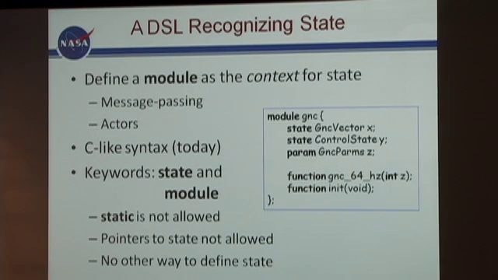Now, pointer here means hard memory addresses, because we want to move things around in particular. And so if you want to have pointers, you can substitute arrays, and the pointer becomes the index into the array. That's the pointer that you have. So in the end, there's no other way to define state.